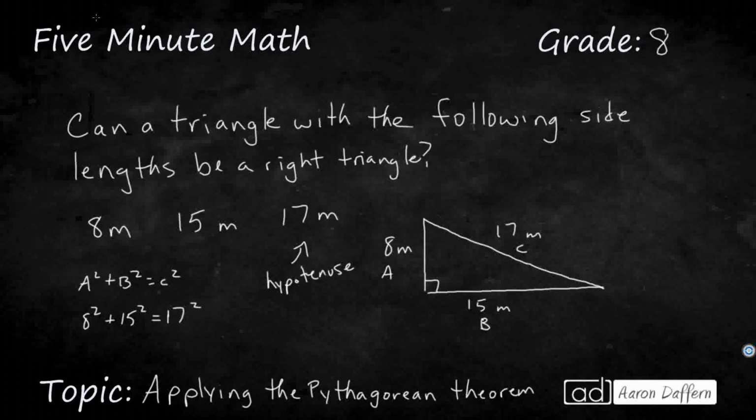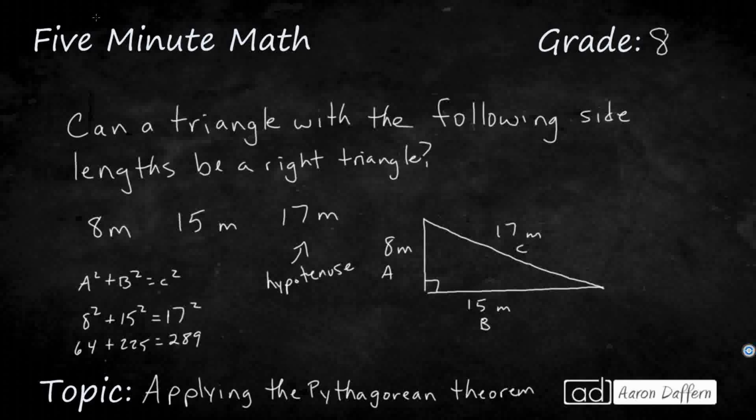Well, my 8 squared, most of us know that. That's going to be 64. What's my 15 squared? That's 225. And then my 17 squared, definitely need the calculator on that. It's 289. So my question is, does 64 plus 225 make 289?